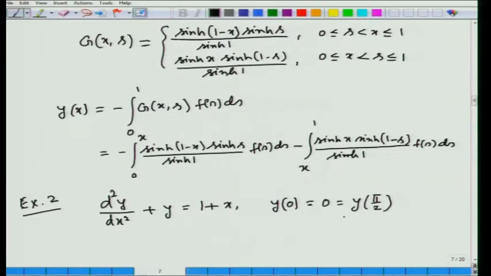So, now the corresponding homogeneous equation d²y/dx² plus y equal to 0 has two linearly independent solutions, one is sin x, the other is cos x. Clearly cos x satisfies the boundary condition at x equal to π/2, and sin x satisfies the boundary condition at x equal to 0.